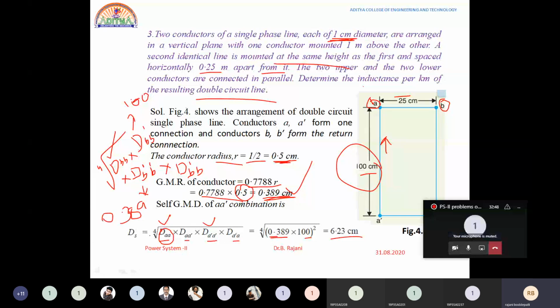The same way, ds is equal to dA, ds1, which is nothing but the self GMD for the conductor A, and it is equal to the self GMD of the conductor B also.